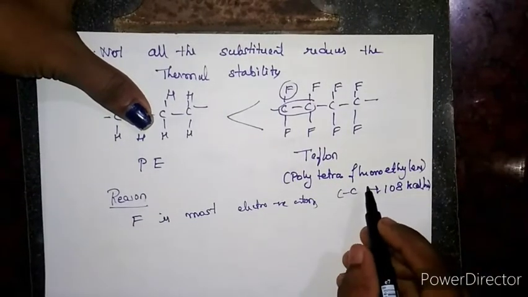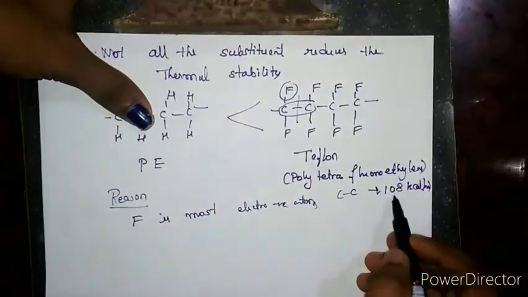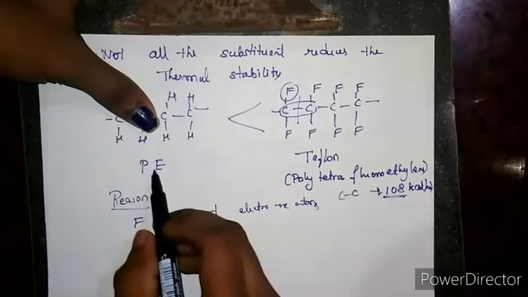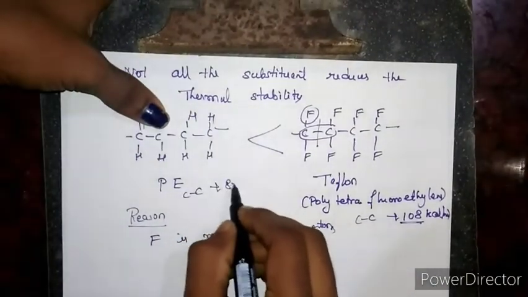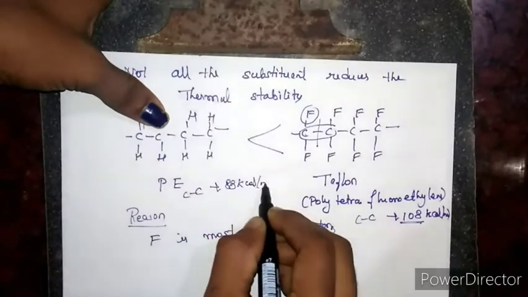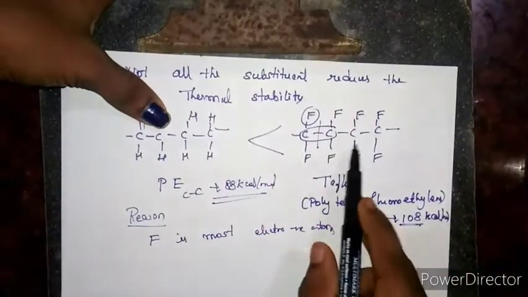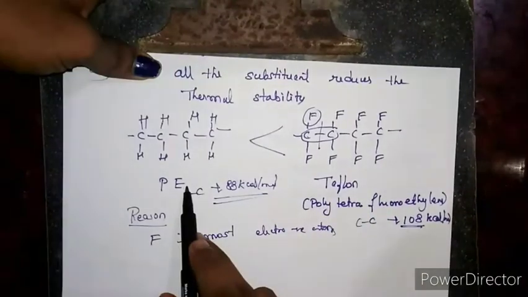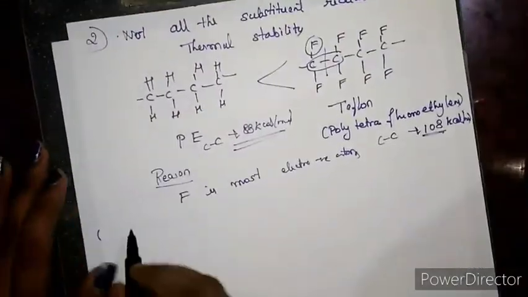It is the amount of energy that is required to break the bond. How much energy is required? 108. But in polyethylene, the C-C bond dissociation energy is only 88 kilocalorie per mole. By this also, you can make out that Teflon is more thermally stable when compared to polyethylene. This is point number 2. If there is any doubt, let me know. Okay, the third point.